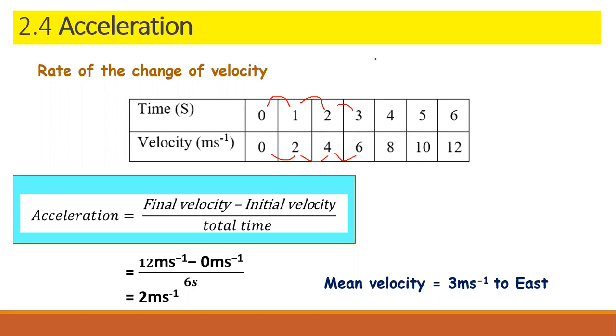So we call it a constant acceleration. In this lesson, in grade 10, we are only talking about constant acceleration, because there may be different amounts of increase of velocity sometimes, but we are not talking about that here. So this is easy. We just have to consider constant acceleration.